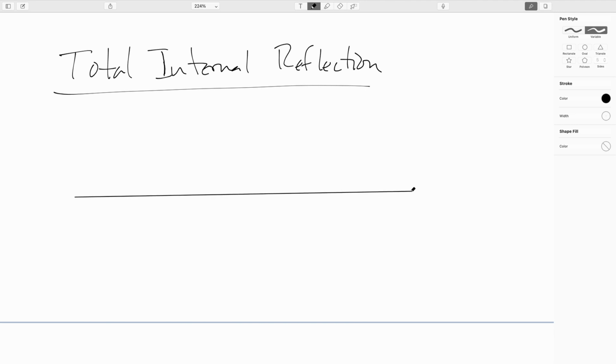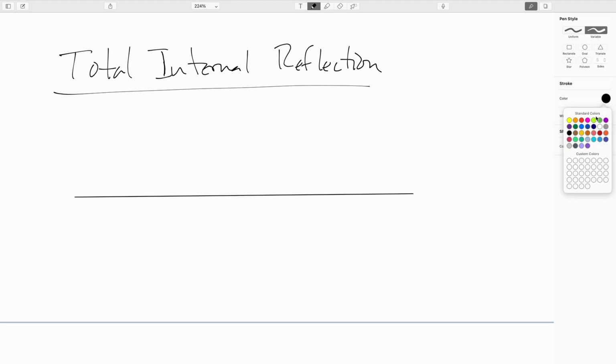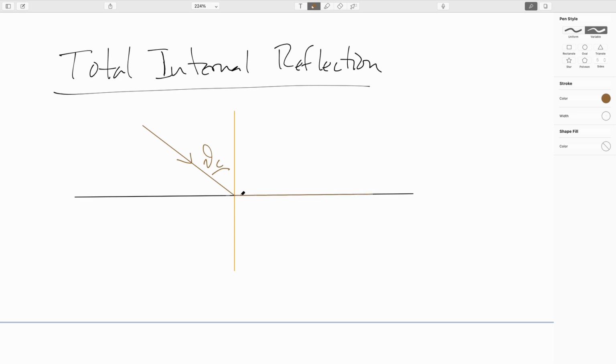So if you're coming in at the critical angle, you would hypothetically be refracting out at 90 degrees, but the intensity of this light is 0 at that point.